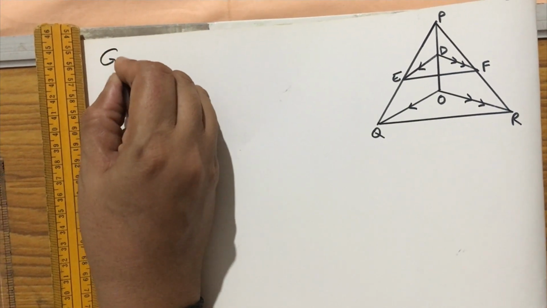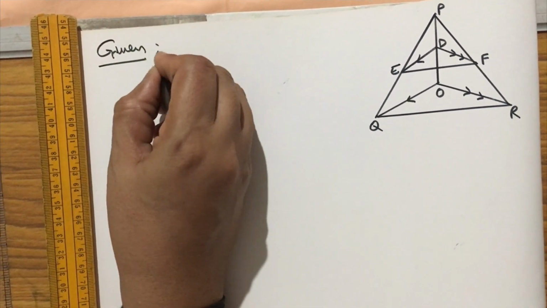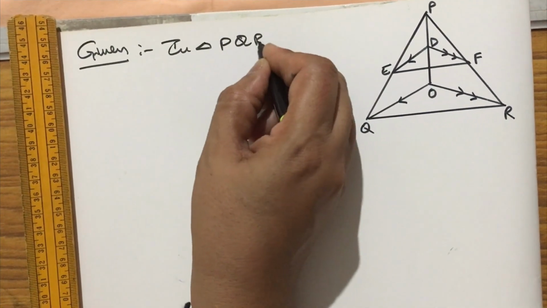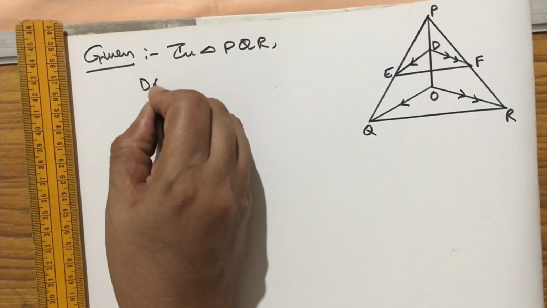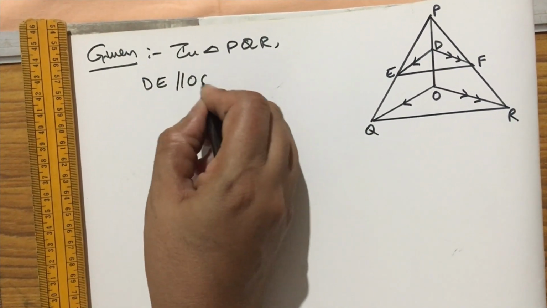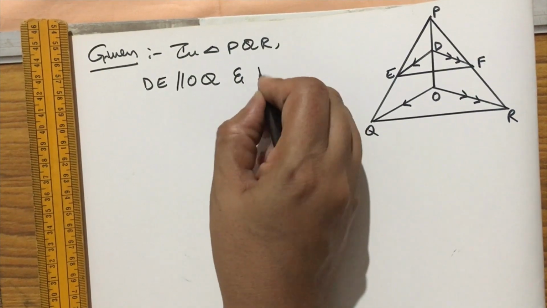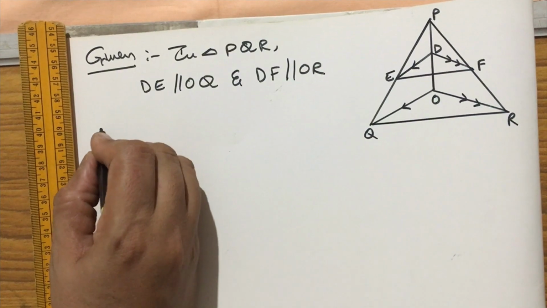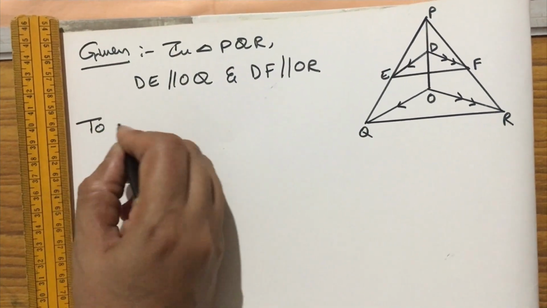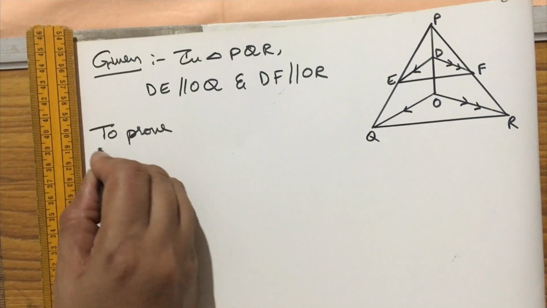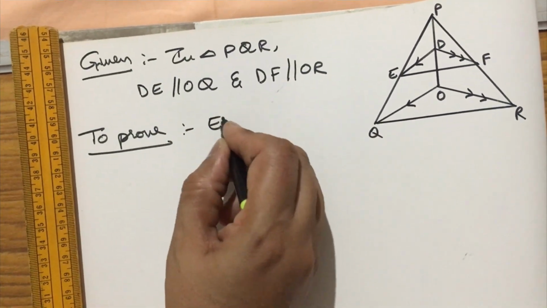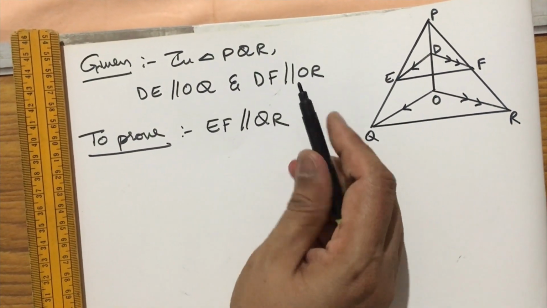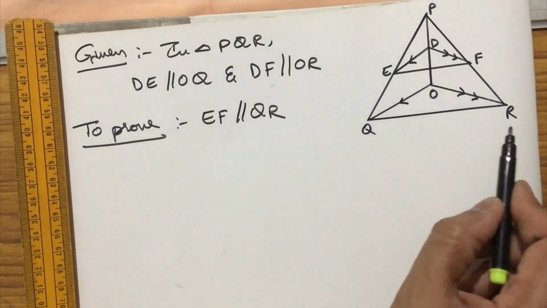Given in triangle PQR, DE is parallel to OQ and DF is parallel to OR. We have to show, to prove that EF is parallel to QR. Two parallel lines are given. Again we have to prove that this is parallel to this one.